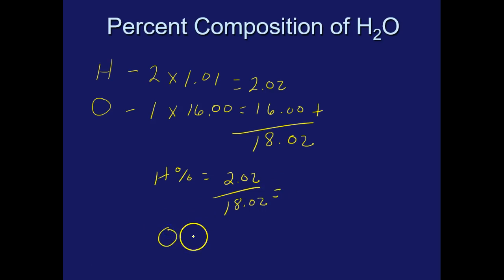Then I have oxygen, and I want the percent of oxygen, so I'm going to take 16 divided by 18.02. And then I forgot to do this, times 100, and that will give you your percentage. I don't have a calculator with me right now, so if you guys will do that, you'll find your percentage, okay?